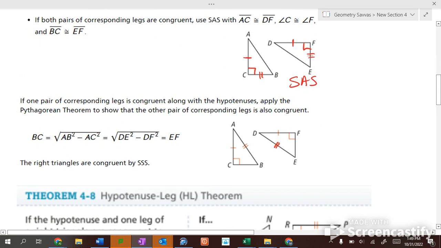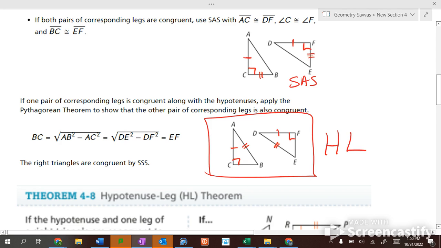If you know the hypotenuse and one leg, and you know it's a right triangle, then there's a special theorem called hypotenuse-leg. Now you might say, well, Mr. Bierschbach, that's side-side-angle, and you're going to make an angle-side-side out of yourself if you try to use that. I'm not saying side-side-angle, because it's a right triangle, and side-side-angle only works in right triangles.